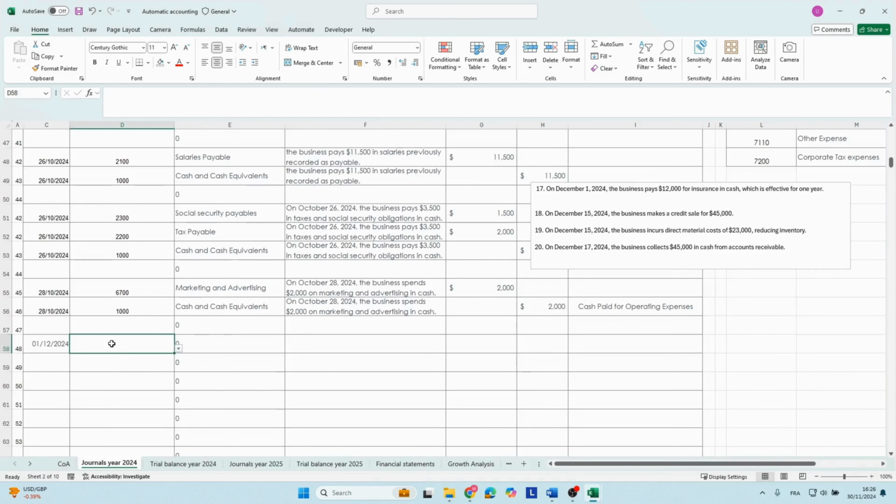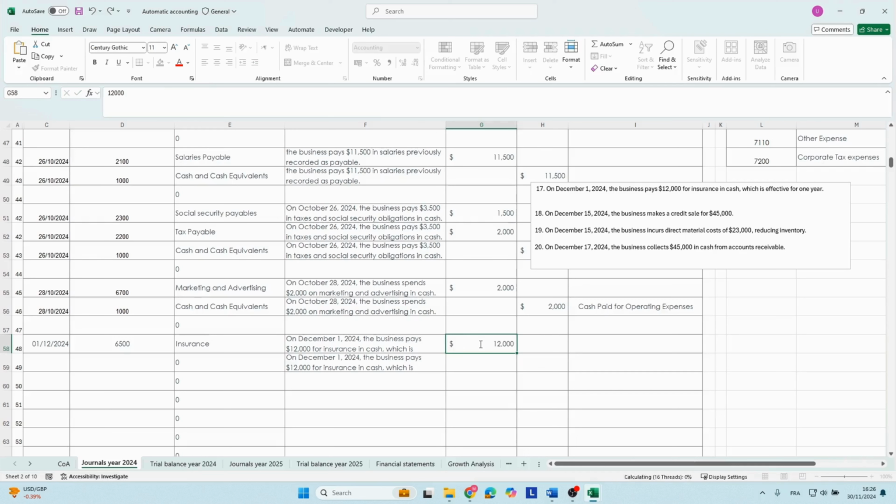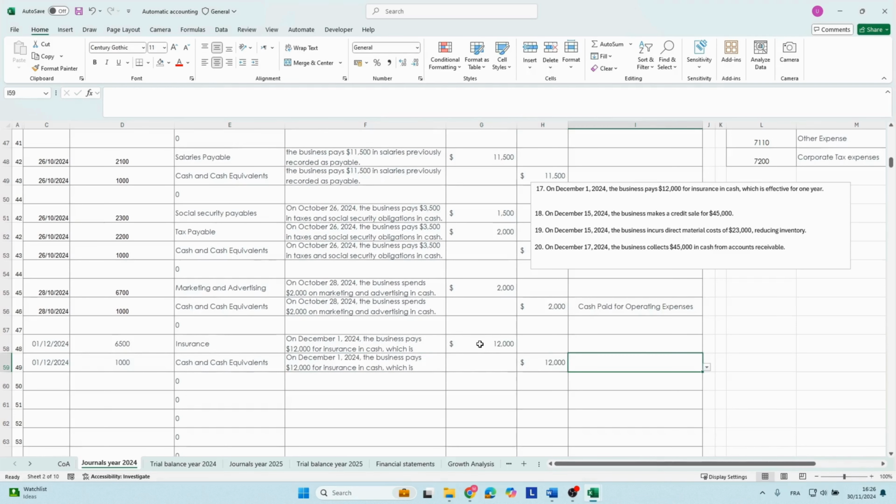So the account is 7. Put the full amount, 12,000, as cost, and we will adjust it at the end of the year. This is paid in cash, so we will use the cash account, and we put the same amount in the credit. This is cash paid for operation expenses.